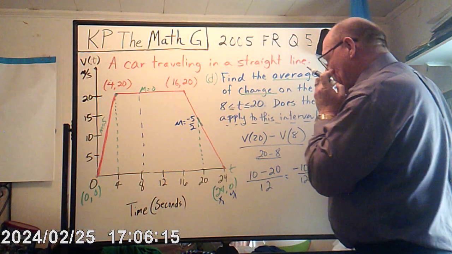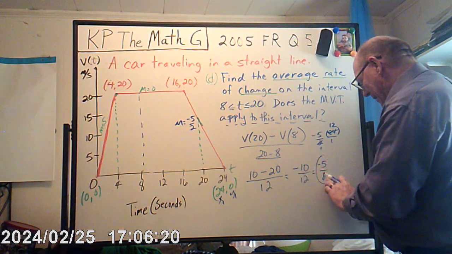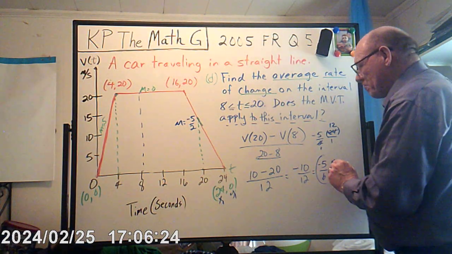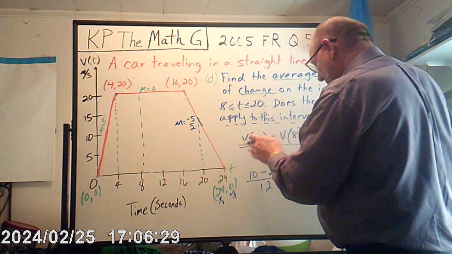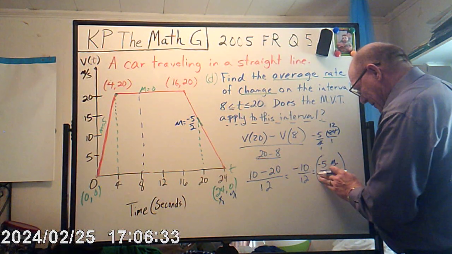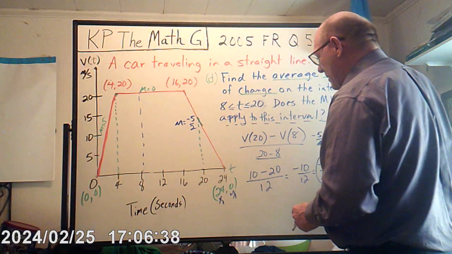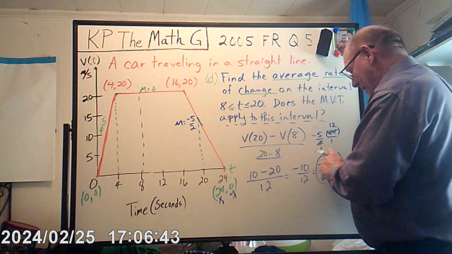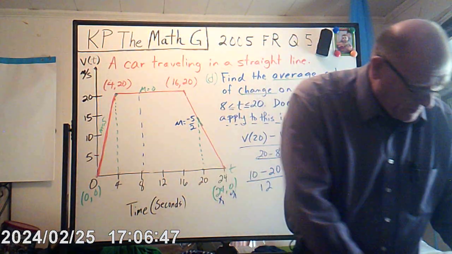And by the way, that would be in meters per, this is V prime, so meters per second squared. And of course, that's what we have here, negative 5 over 6 meters per second squared.